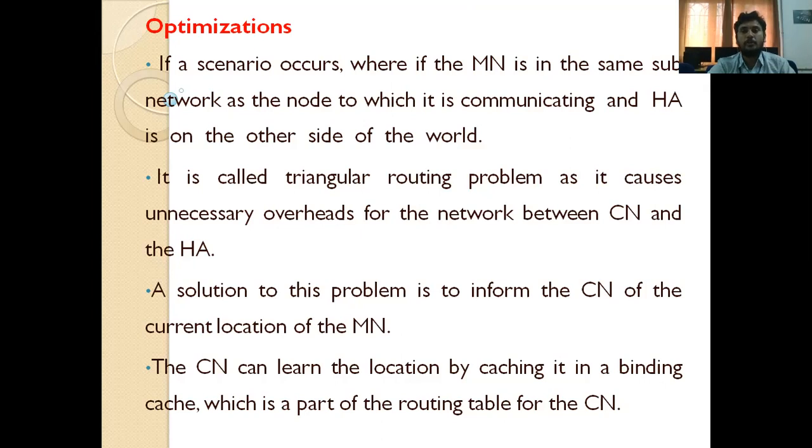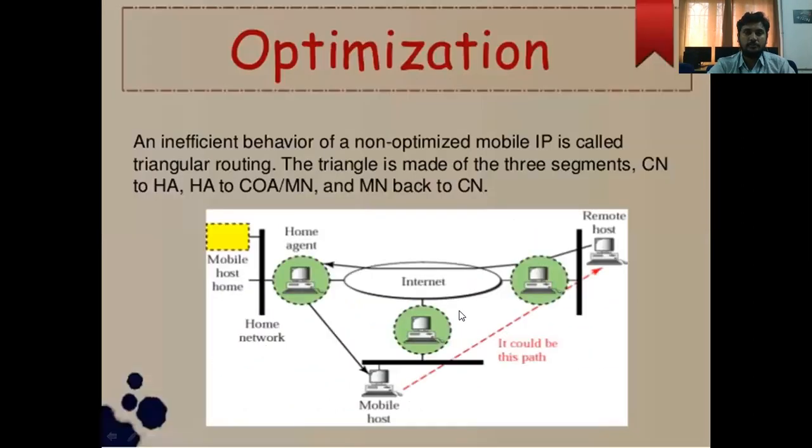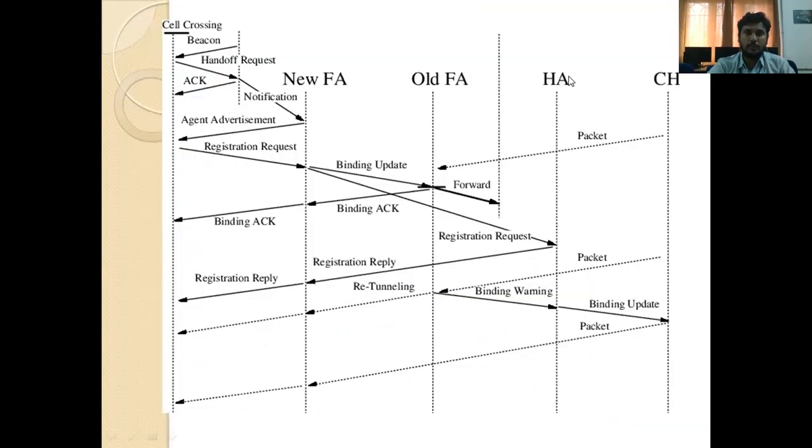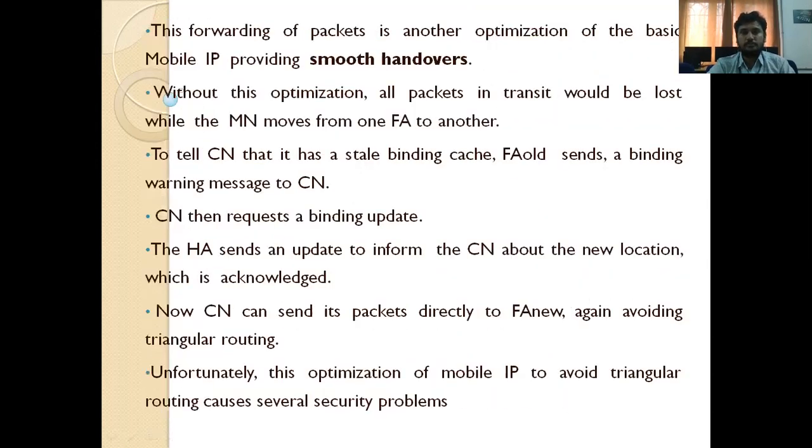So the correspondent node communicates with the old care-of address, that is the old FA, then the old FA identifies the new FA. In this way, data packet transmission is done. The correspondent node, home agent, old FA, and the old FA identifies the address of the new FA, and from there onwards the data packet transmission is completed.